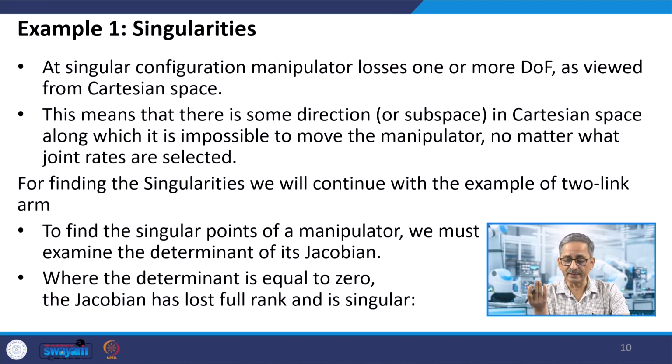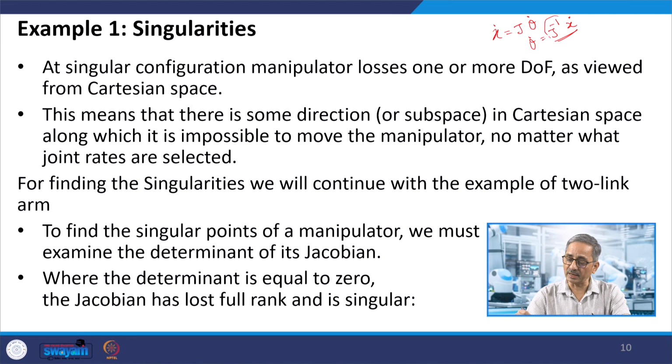Okay. So, I said we have, say, a velocity vector and this is going to be Jacobian. This is the Cartesian velocity vector, Jacobian into the joint velocity vector. So, if you have to find out joint velocities, you have to take the inverse of the Jacobian and multiply this with the Cartesian velocity vector.